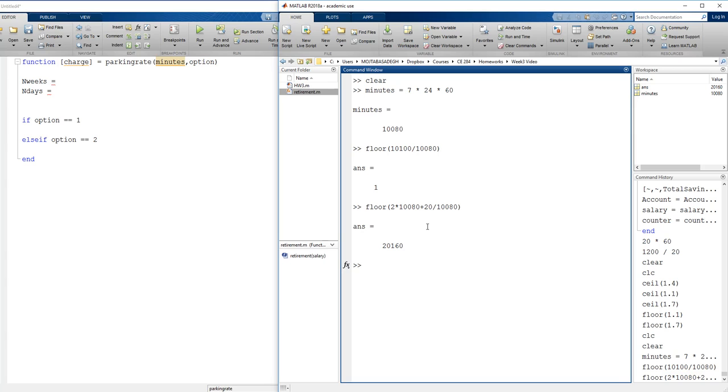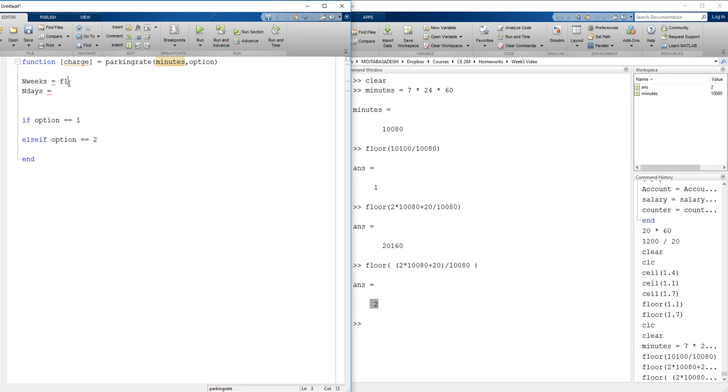oh, well, I'm making a mistake right here. I need a parenthesis over this, right? I have 2 weeks and 20 minutes divided by the number of minutes in each week. I'll have 2 weeks. So this is how I can separate my number of weeks.